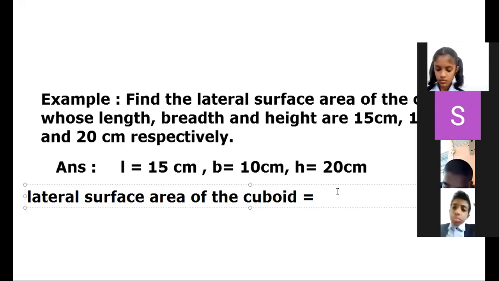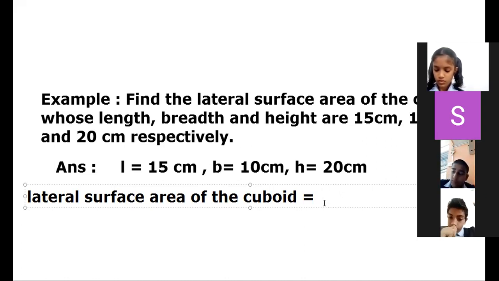So from the question, you can identify what is L, B and H. L is 15 centimeter, B is 10 centimeter and H is 20 centimeter. Then the lateral surface area of the cuboid. First you have to write the equation.